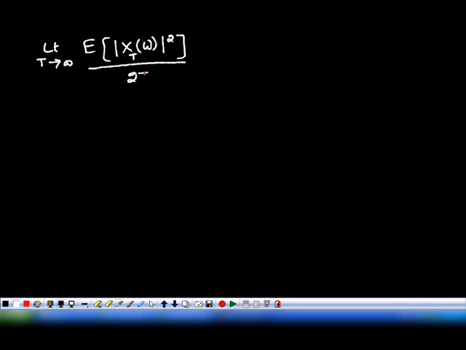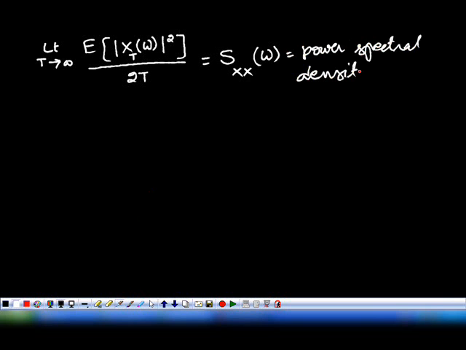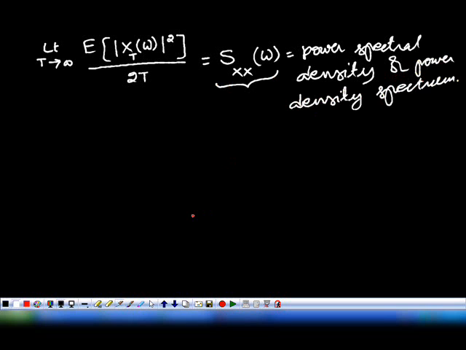divided by 2t. So this particular quantity is called the power spectral density or power density spectrum of the random process X. This is the characterization of the process in the frequency domain.